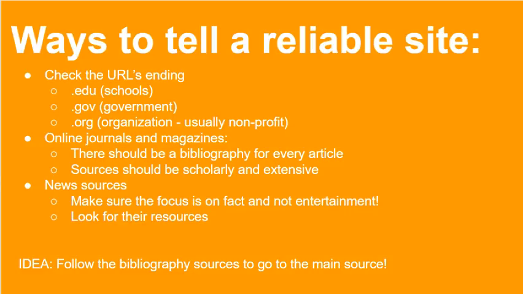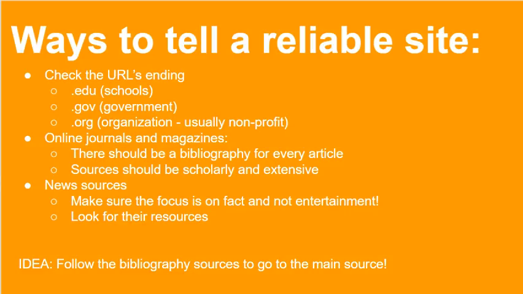Look for their resources. When a newscaster or news journalist writes a paper, they give their resources. For example, if you are looking on an internet site, follow their bibliography sources to go to the main source that they pulled from.